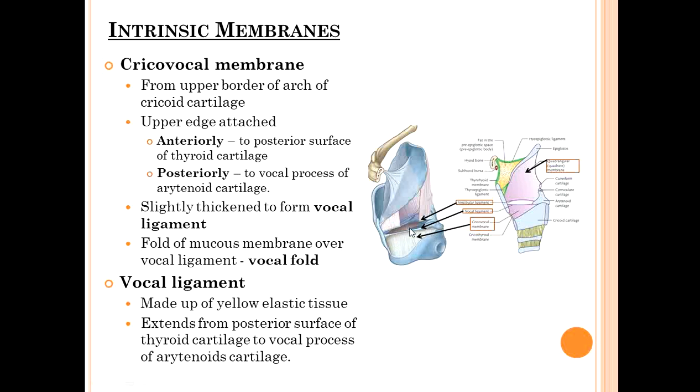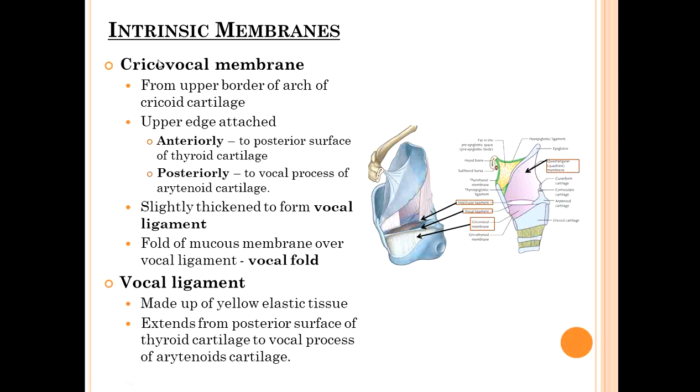So this vocal ligament is actually a thickening of the cricovocal membrane, and this ligament is covered by a fold of mucous membrane, that is known as the vocal fold.